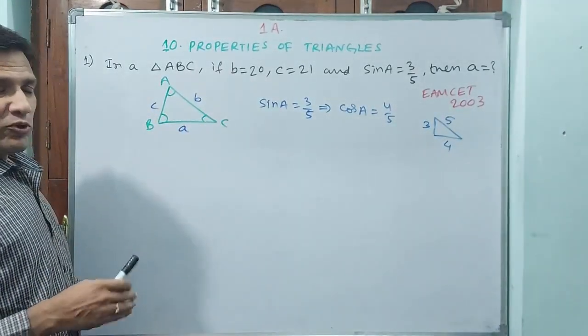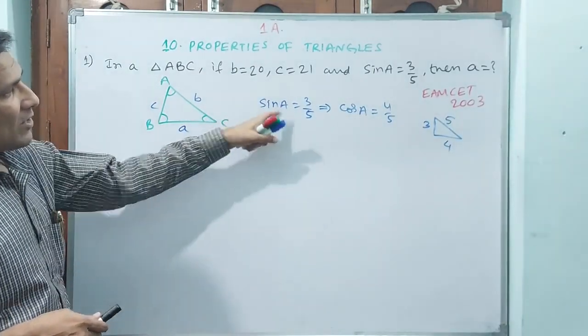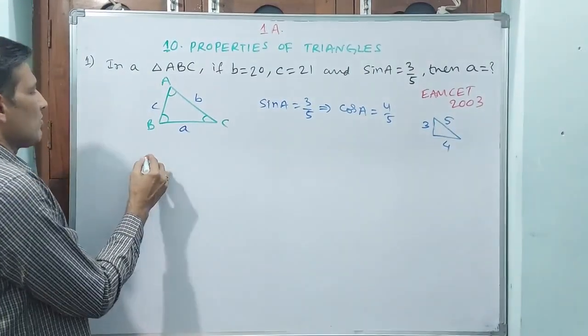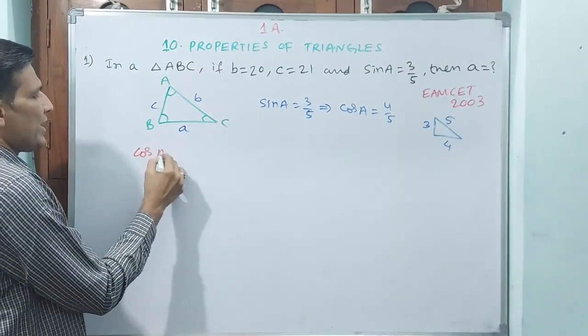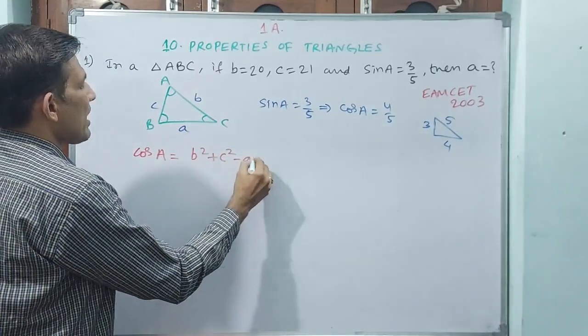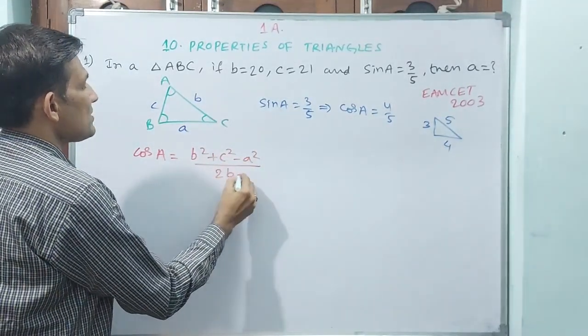Now, come back. What do we know the formula? We know sin formula, cos formula, but for this we will write cos formula. Cos A is equal to b square plus c square minus a square by 2bc.